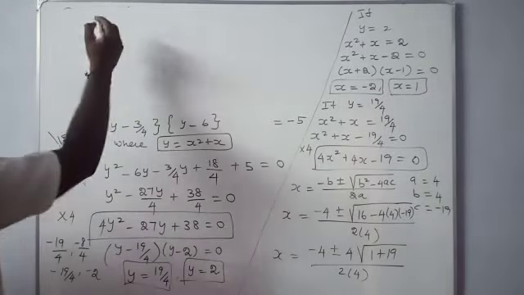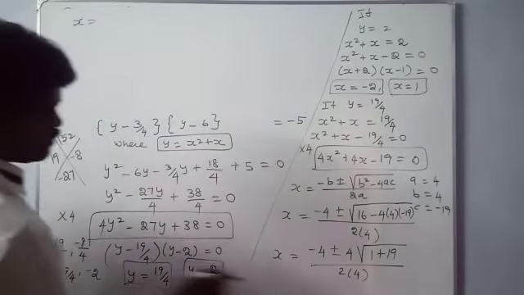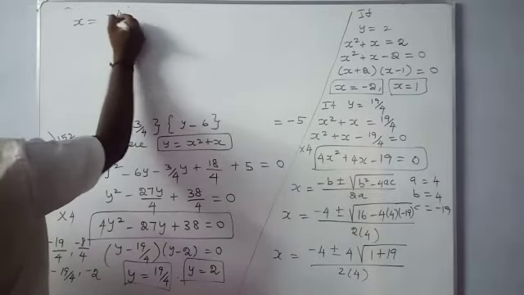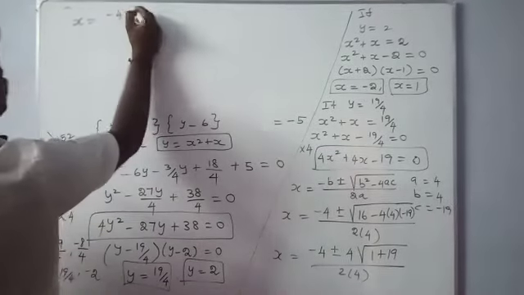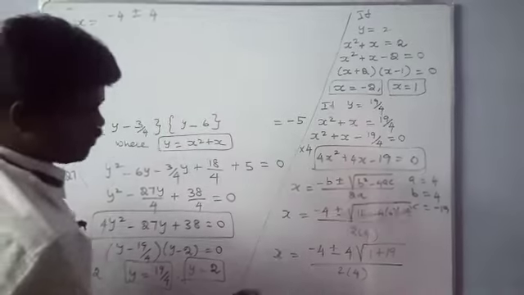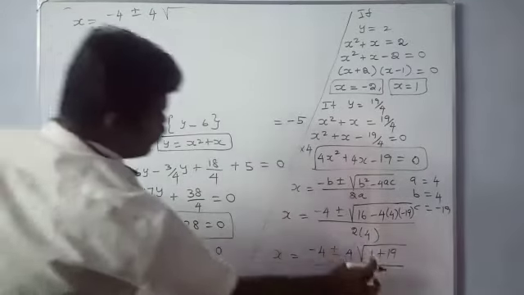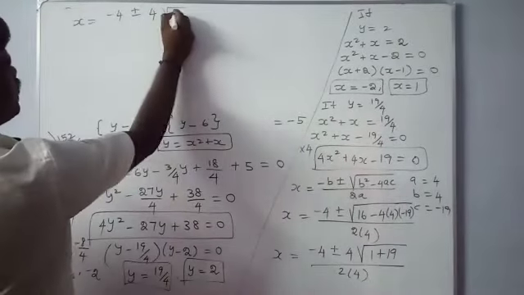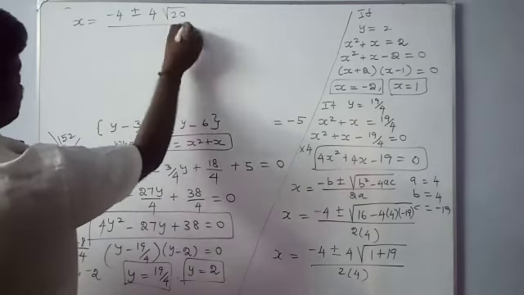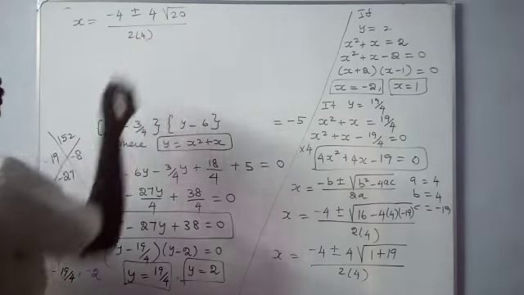Now I continue here. x is equal to minus 4 plus or minus 4, and 1 plus 19 is root 20, divided by 2 into 4.